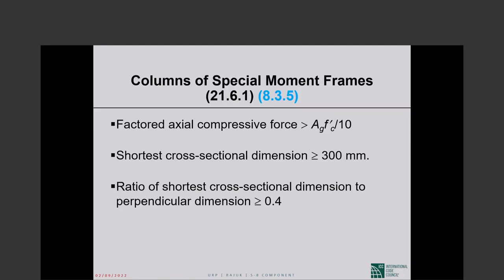I think ACI has it exactly right. And anyway, so if it is a special moment frame column, minimum dimension is 12 inches. Ratio of shortest, so the long side to short side ratio cannot be any higher than 2.5. Long side to short side ratio cannot be any larger than 2.5.